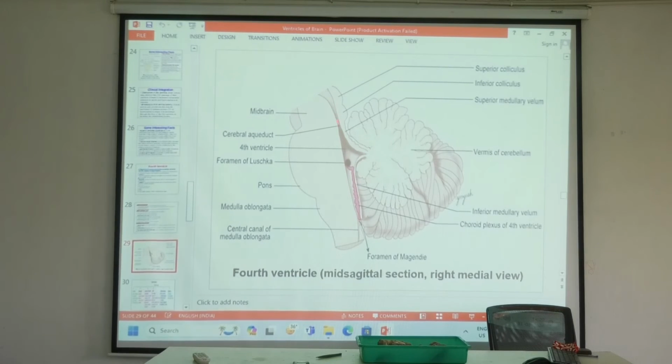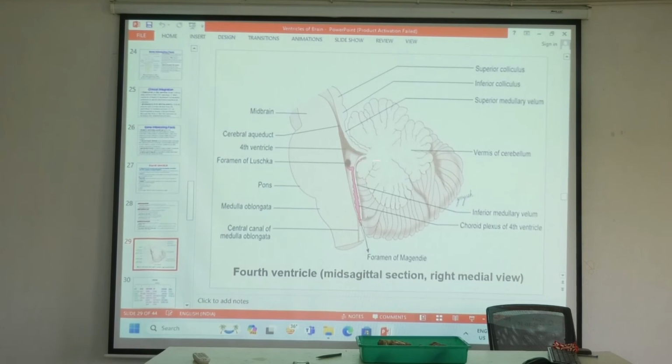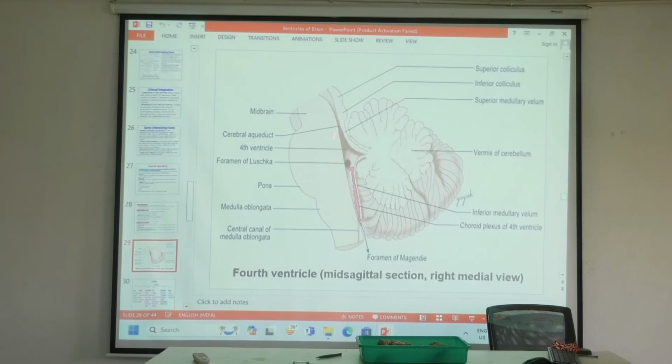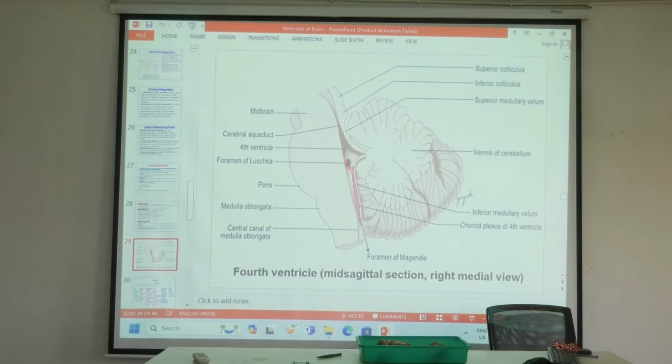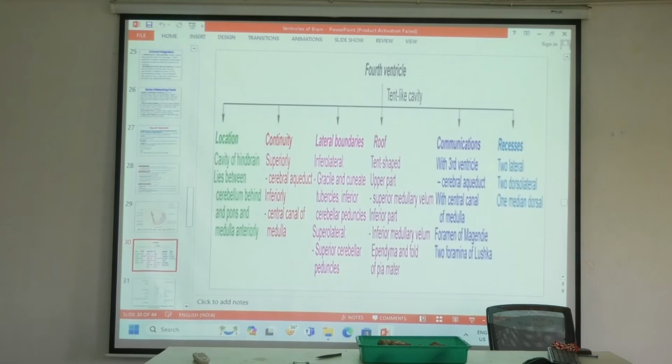Here is superior medullary velum, here is inferior medullary velum, and this is the median dorsal recess extending into the cerebellum. And you can see the location of the fourth ventricle. It is lying posterior to the lower part of the pons and upper part of the medulla, and anterior to the cerebellum. Okay. So next part we will go.